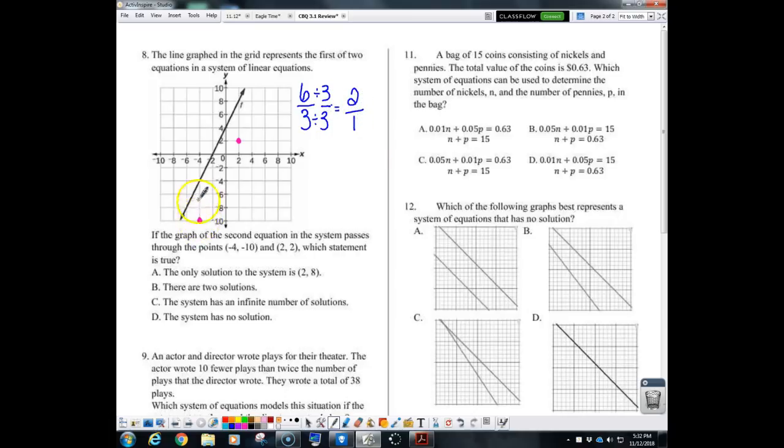So it goes up 2 over 1, up 2 over 1, up 2 over 1. If I draw a line and keep going, it's going to look like this. That's a terrible line, but just deal with it. So that's what the line looks like. You have to read through your answer choices and see which one is the best. Okay?